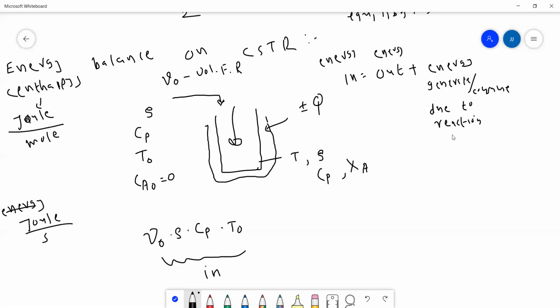Plus heat added or removed by external means.